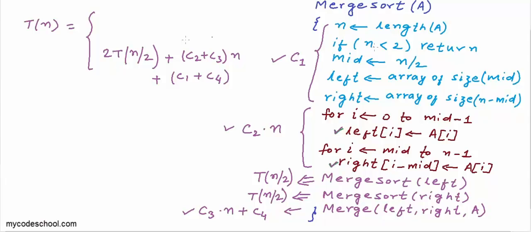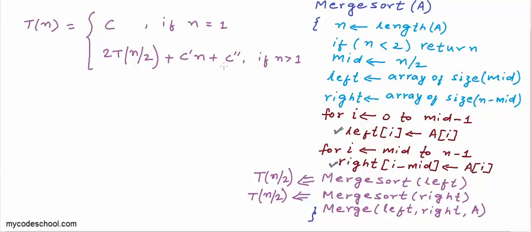In this case there is only one simple comparison and we return, so the cost will be some constant. We can simplify this equation further. Let's say this is equal to 2T(n/2) plus c dash n plus c double dash. Once again, c dash and c double dash are some constants.